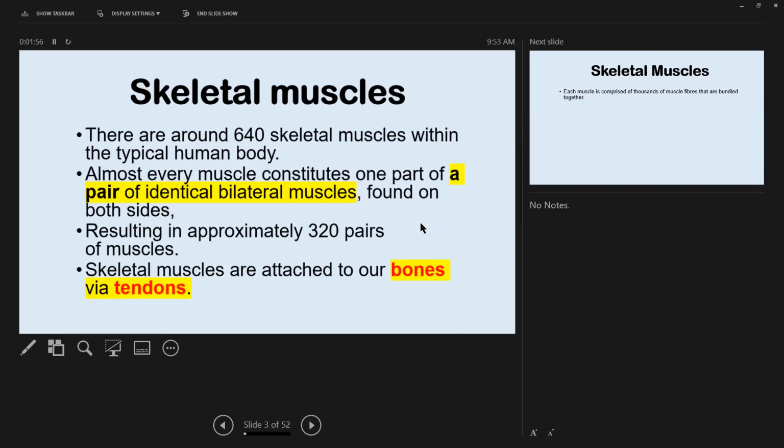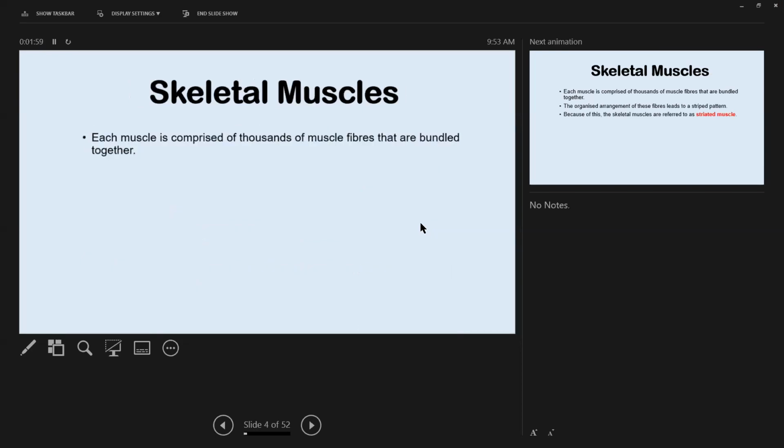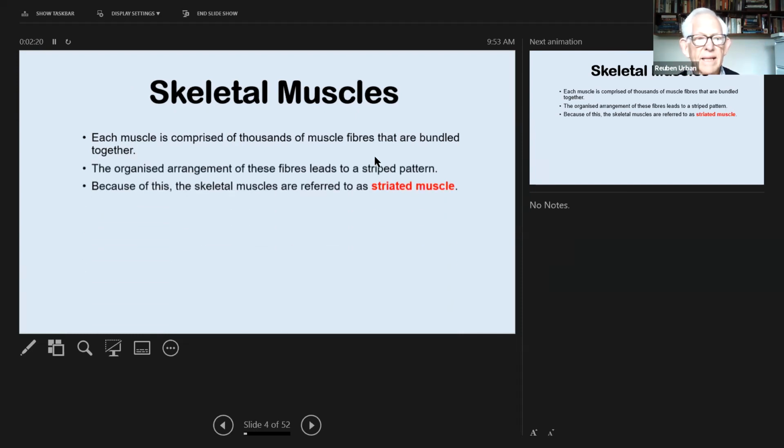The skeletal muscles are actually made of fibers, lots and lots of fibers, many thousands of them, bundled together. Now, every single fiber is quite weak. It contracts when you stimulate it in a dish, but when they work together, they can be very, very powerful. They are organized in such a way that they have a striped pattern.